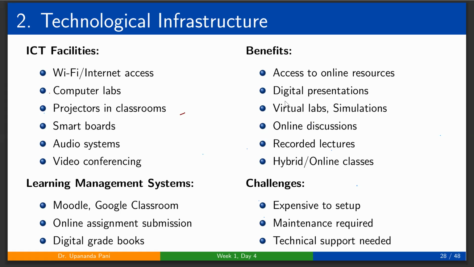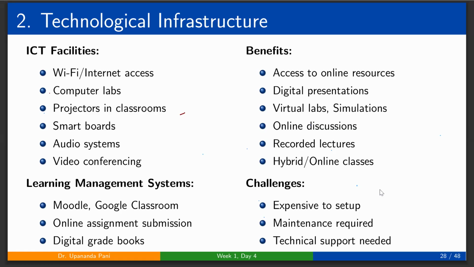Benefit: you should have access to online resources, digital presentations, virtual labs, simulation, online discussions, recorded lectures. You should have hybrid and online classes, which means your system should be flexible. Challenges: they are expensive to set up, they need maintenance, they need technical support.